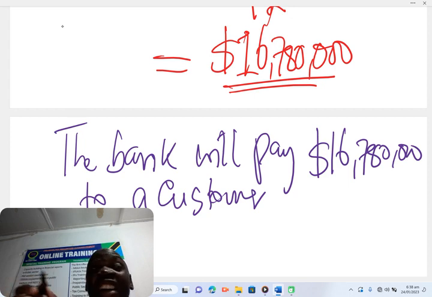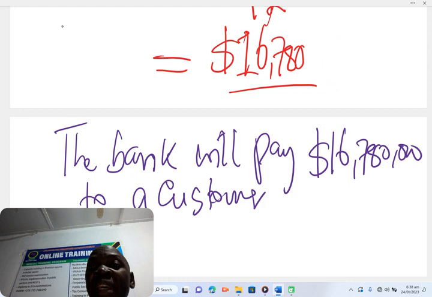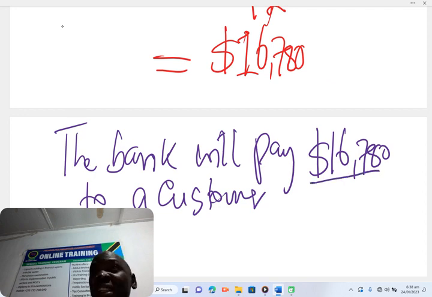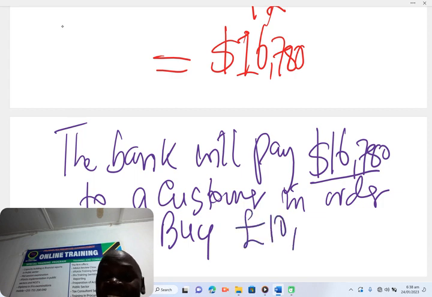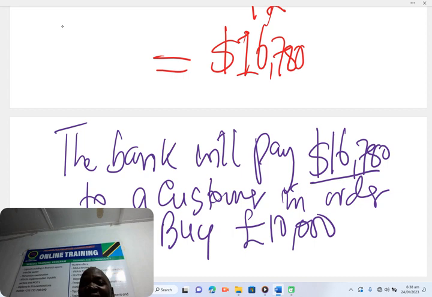It's not millions. So it is $16,780. So it will pay this to a customer in order to do what? To buy how many? 10,000 pounds. Is this statement clear?